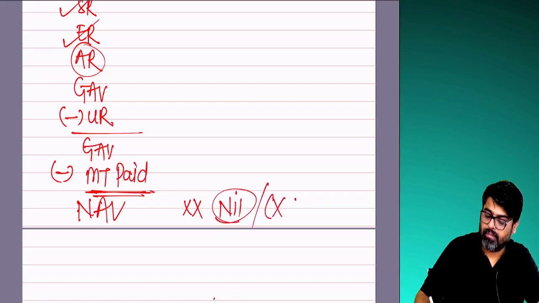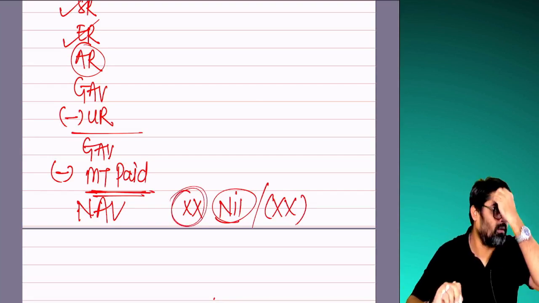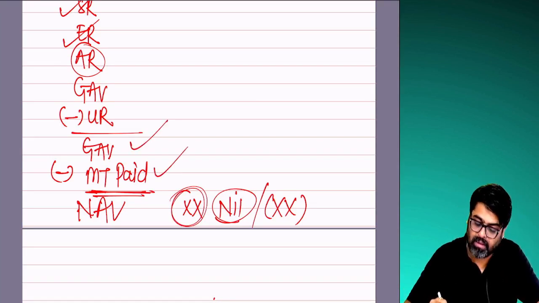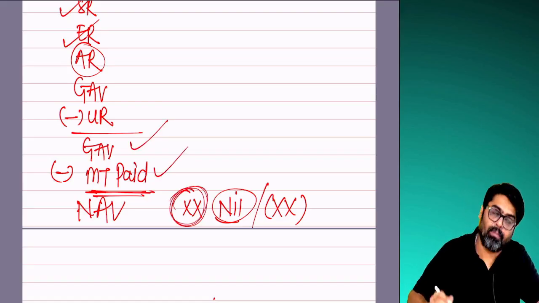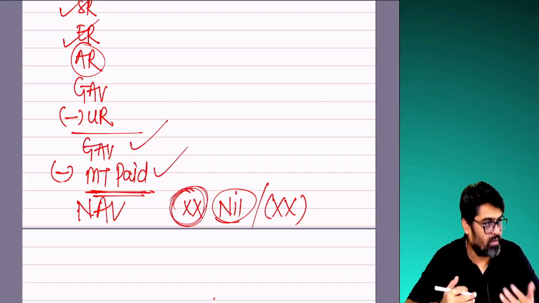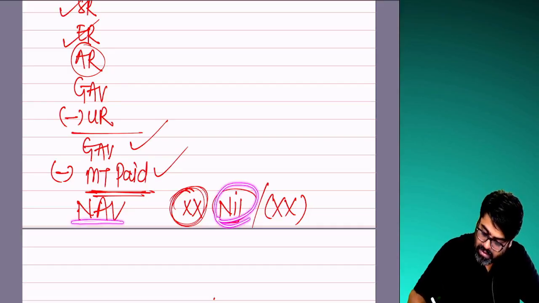Can your NAV become negative? See, NAV will be positive, no? After taking the municipal tax deduction from GAV, some positive amount will remain. But my question is, can your NAV become nil or negative?